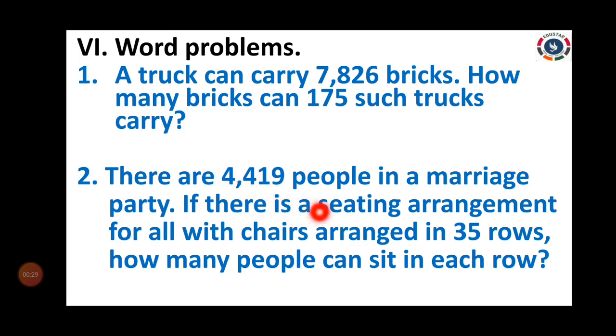So in how many rows are the chairs arranged? 35 rows. What we don't know is how many chairs they arranged in each row. So that we want to find. They are asking finally for one row. Okay, each row means we want to divide the values. If you divide the number of people by 35 rows, you will get the answer for each row. So you want to divide the values.